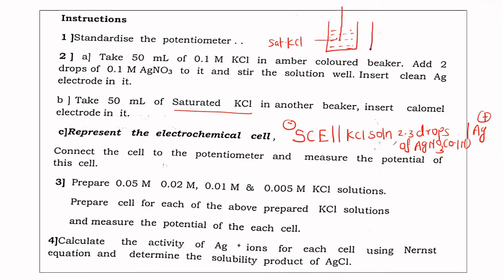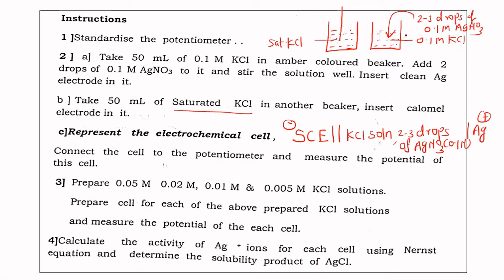In another beaker, we have to take a 0.1 molar KCl solution. And in that KCl solution, we should add 2 to 3 drops of 0.1 molar silver nitrate.